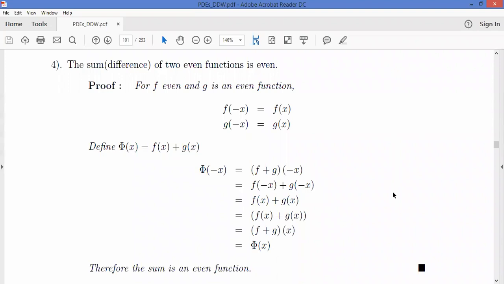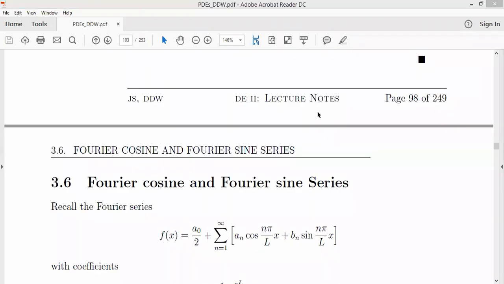Okay, so I'm saying we're going to use a combination of these properties, and then we understand a half range, and this half range will be understood in terms of a Fourier cosine and a Fourier sine. So Fourier sine and Fourier cosine can be directly related to half range and full range.